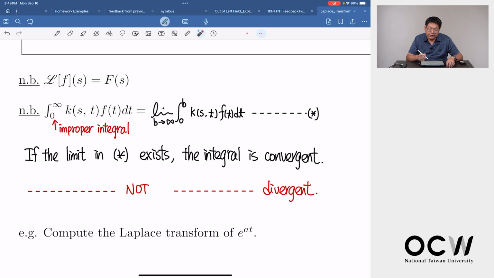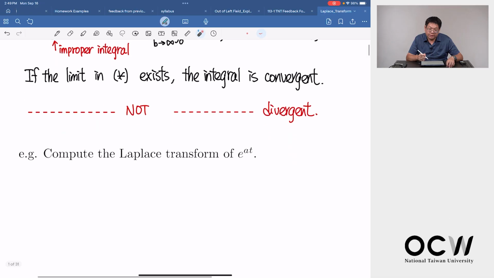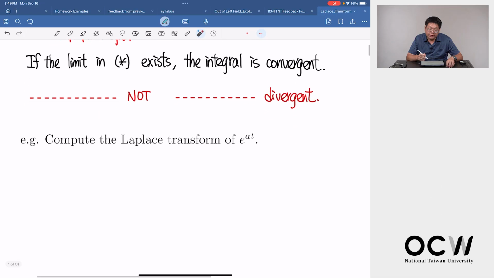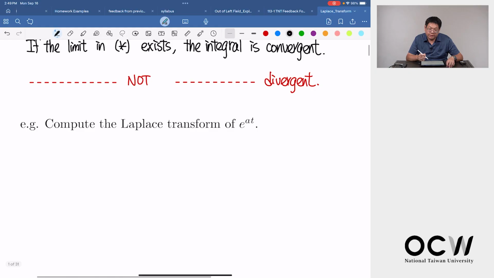Okay. So now let's see this example. Find the Laplace transform of e to the at. So the Laplace transform of this function f, which is e to the at, becomes a function of s.